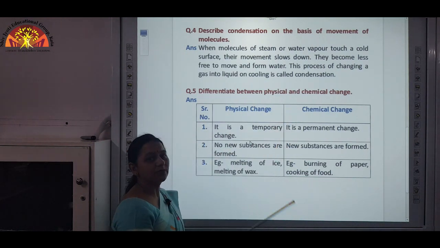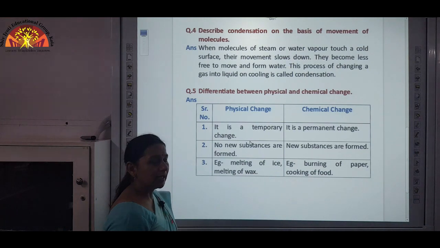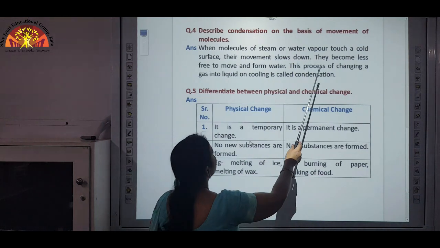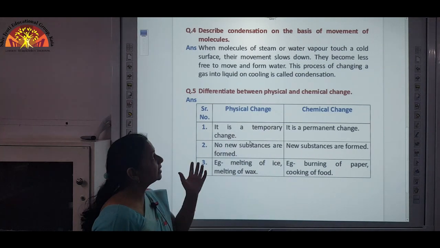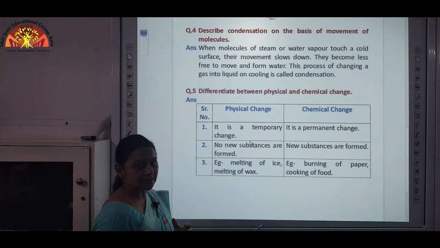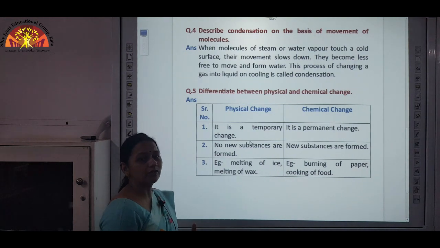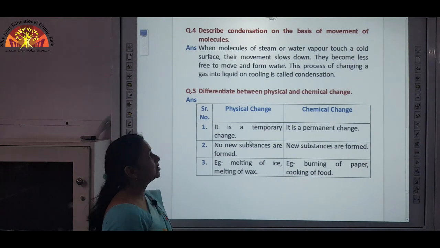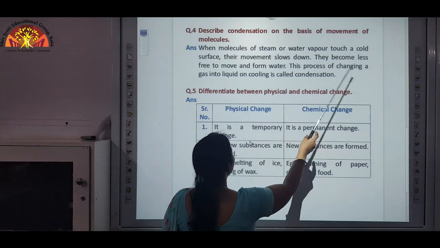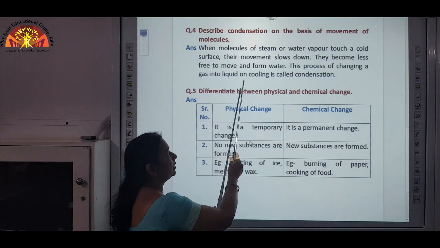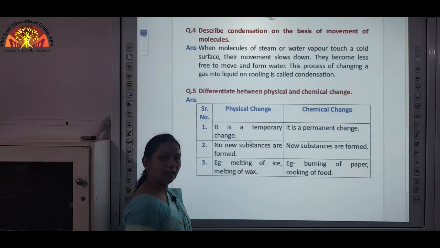The movement between the molecules becomes less, and they are free to move and convert into liquid state, so these water vapors condense and form water there.